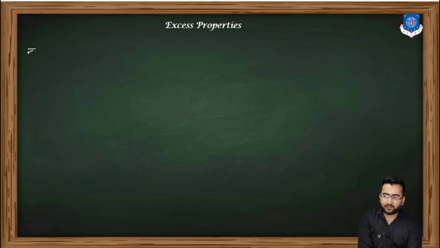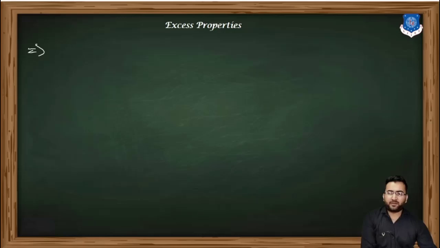Now let's discuss the excess property. What is the meaning of excess property? Excess property means real property minus ideal property. So we can say that the difference between the property of a real solution and that of an ideal solution is known as the excess property.